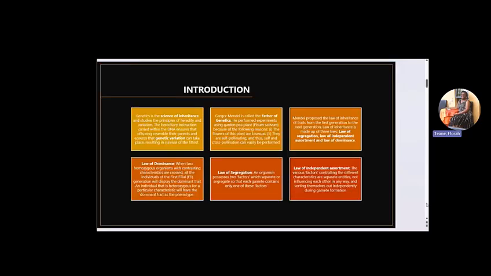What is genetics? Genetics is the science of inheritance and studies the principle of heredity and variation. Gregor Mendel is called the father of genetics. He performed quite a number of experiments using garden pea plants, also called Pisum sativum.